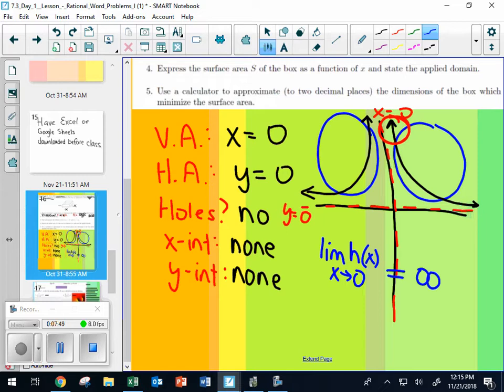Is our x approaching 0 from the right-hand side or the left-hand side? Right-hand side. It's coming in from the right-hand side, so we have to have a positive above our 0. And then over here, is infinity a number we can count? It is not, so we need to add an arrowhead to our equal sign.